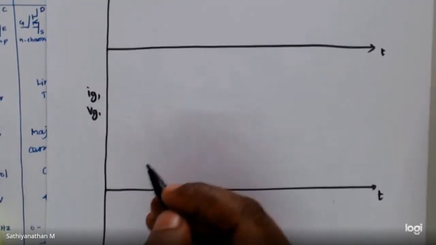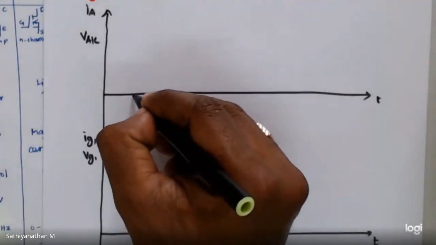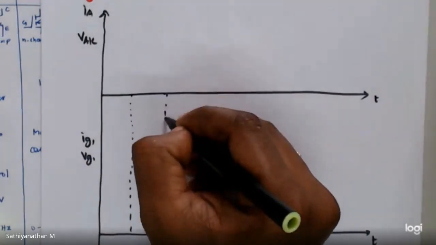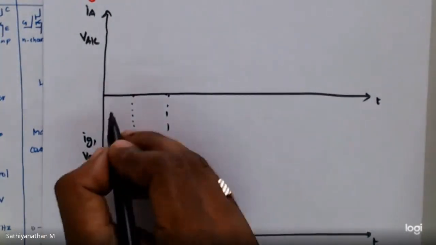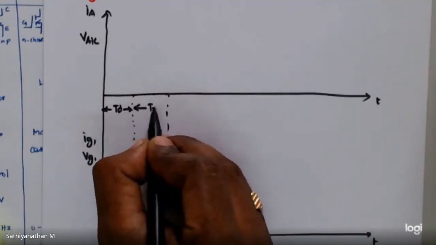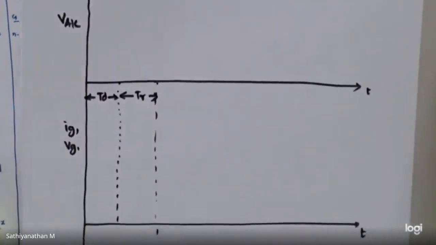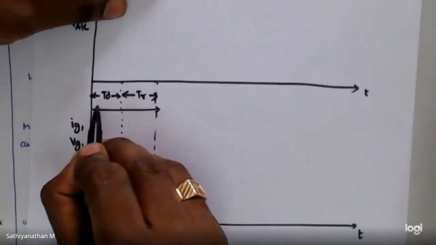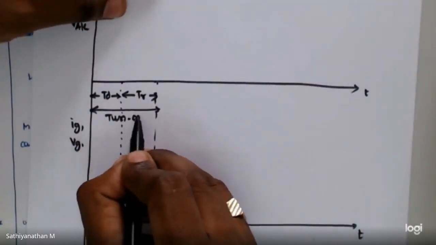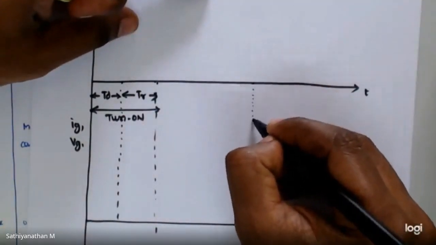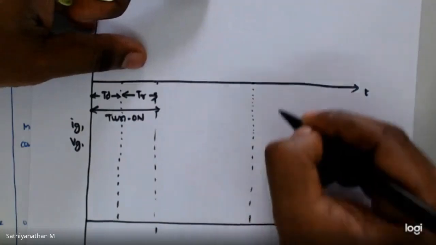Okay, so there are two time intervals during the turn on process. One is delay time, another one is rise time. Here the sum of these two will decide the turn on time period of the device. Okay, similarly the turn off period is classified into three intervals.